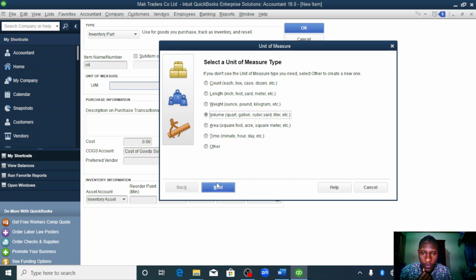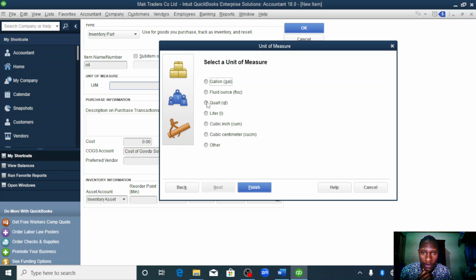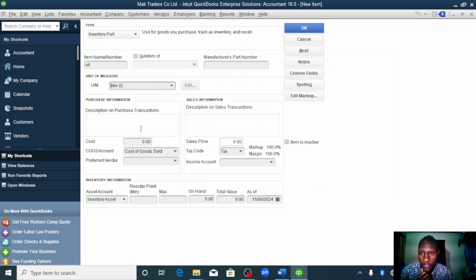We say next. The unit is liters. We click finish. We go to description. It is under IV00. On the price or cost, it is 10,000.